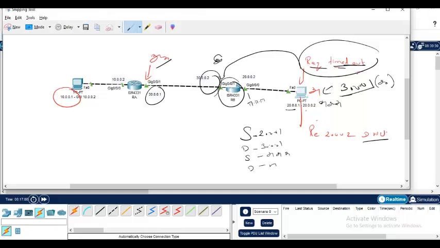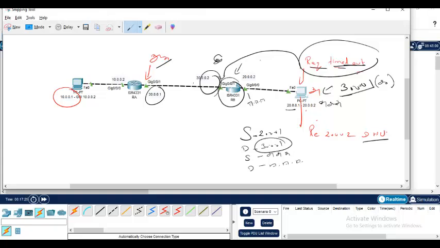Okay, the packet goes here. This router sees the destination IP. I know this 20 network. I know this 30.0.0.1. So it is sending an ARP request to learn the MAC address of this guy.